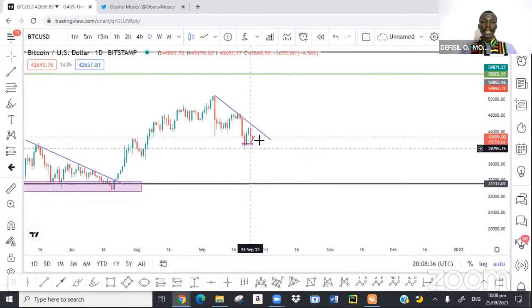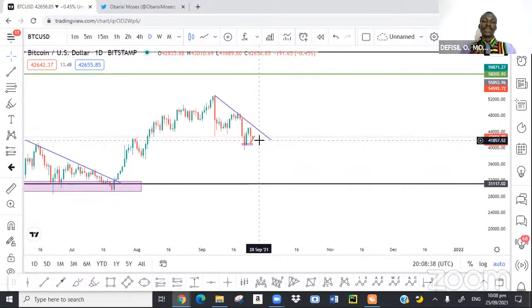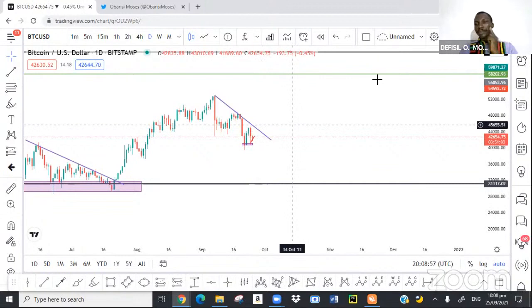If we're buying, it has to be a very risky buy. But in my own opinion, it will be wise to wait for this market to get to this level, then down.